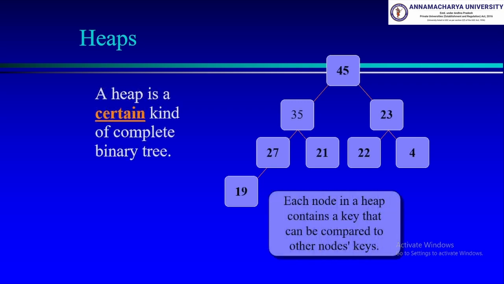So this is an example of a heap, a kind of complete binary tree. In this tree, each node in a heap contains a key that can be compared to the other nodes' keys. So the comparison is like this.